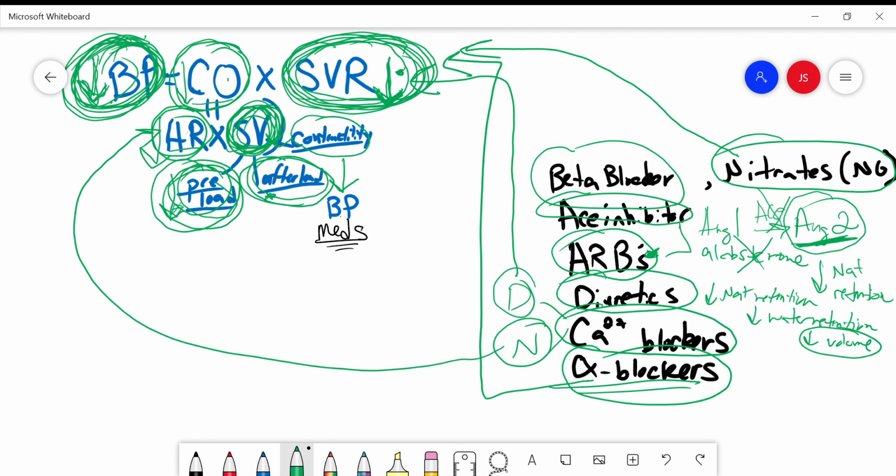These are not the only functions that these medications have, but it is a simple way to go through each of the medications and how they affect parameters in this particular blood pressure formula, to understand how they are reducing blood pressure and how they're helping to have an efficient stroke volume so that we can have an efficient cardiac output, which is a very important measure for patients' heart health.